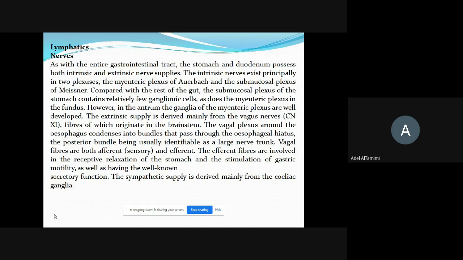So the nerves are identified as two large nerve trunks, an anterior one and a posterior one. The left one will become anterior and the right one will become posterior. The efferent nerve fibers are involved in the receptive relaxation of the stomach. Receptive relaxation means that when you eat your food, the stomach should be in a relaxed position in order to receive the food.